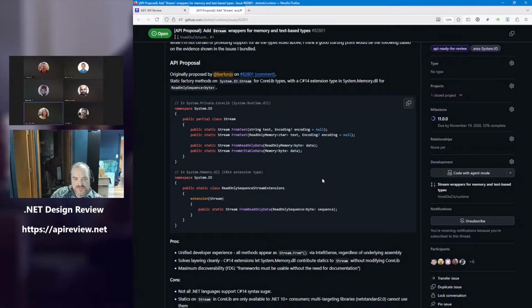Even the runtime itself already has an internal implementation, for example, of a read-only memory stream in multiple places, like Terabyte. So, suggesting that this is a recurring platform-level need too.